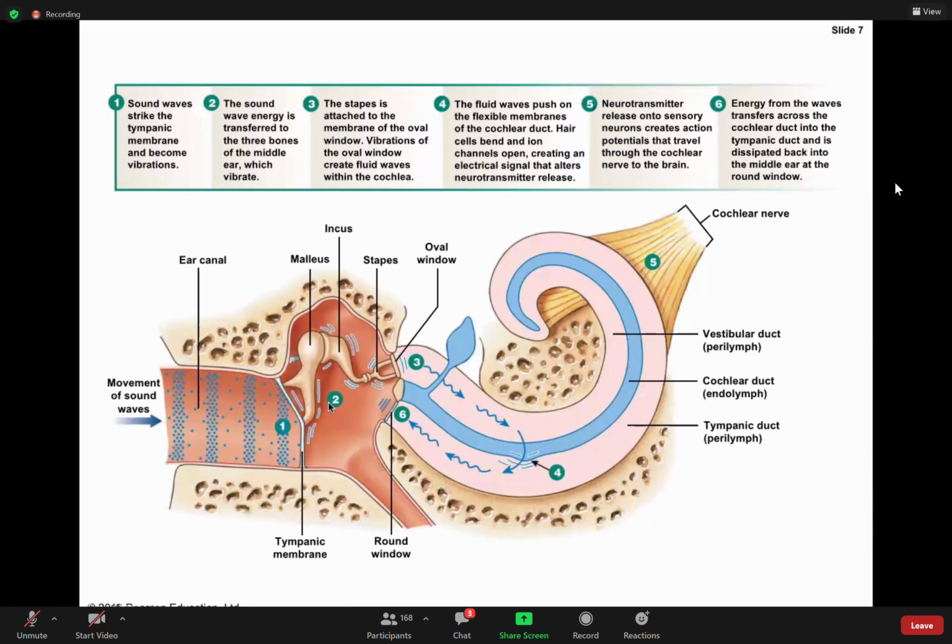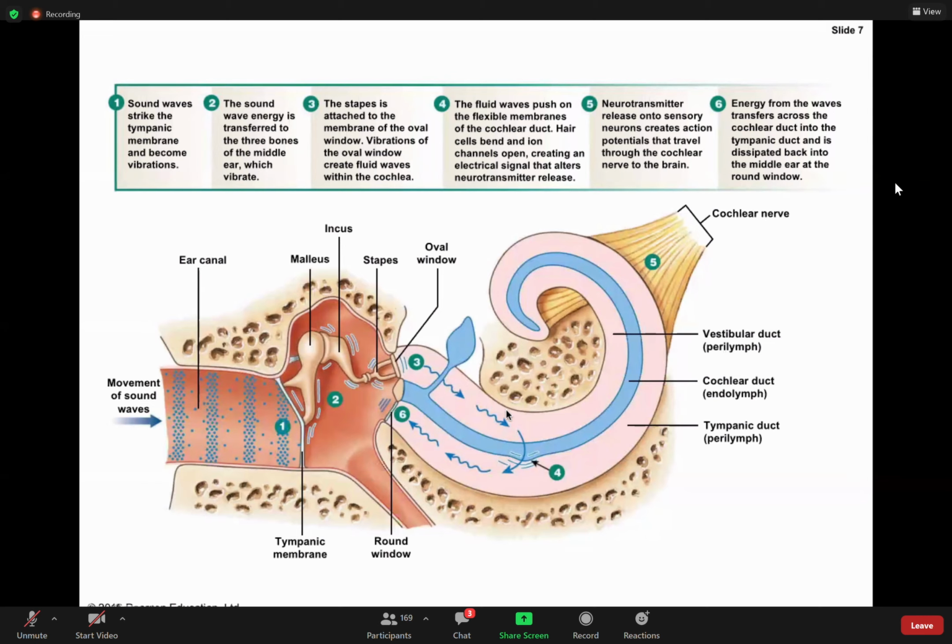So in broad terms, what happens? We have sound waves that strike the tympanic membrane. We have the amplification of sound by the small bones in the middle ear. And as the stapes moves, these vibrations are translated by the oval window into specific fluid oscillations.